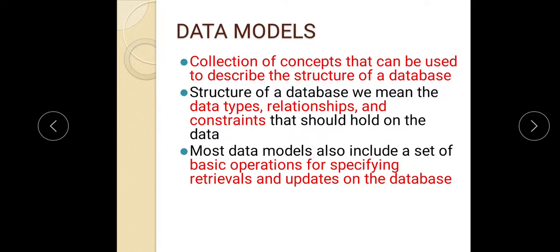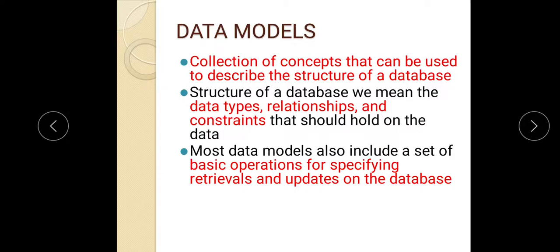As I said, the first concept is that a data model describes the structure of the database. Along with that, it also tells the operations we can perform on the database to retrieve and update. Suppose we want to retrieve information, how does that retrieval happen, or how can we retrieve the data?